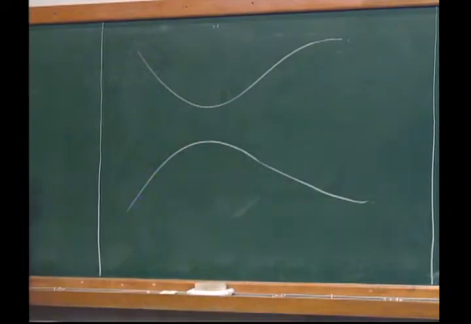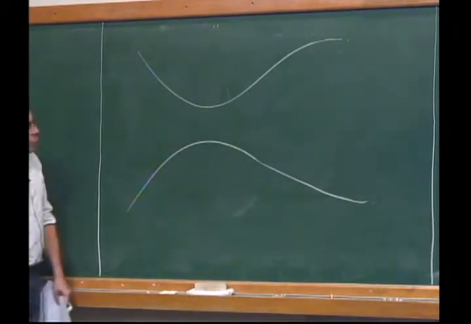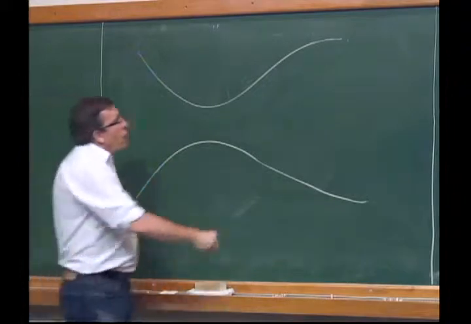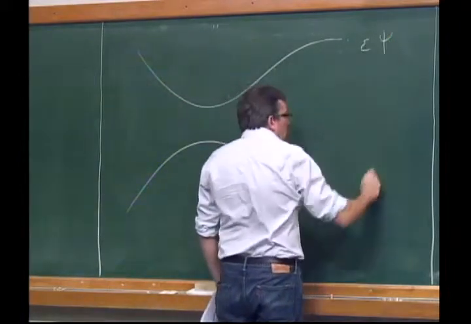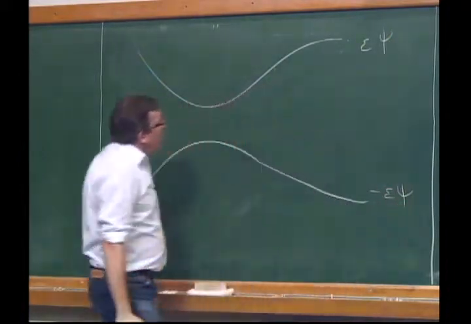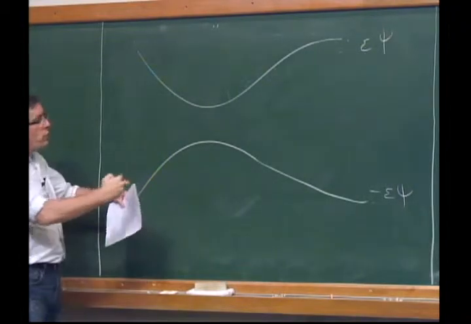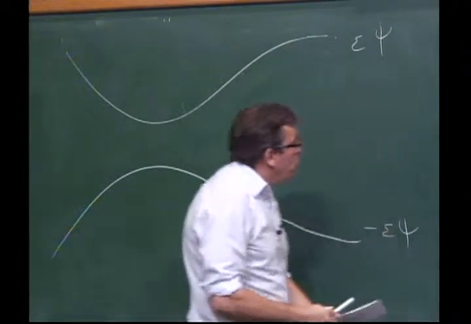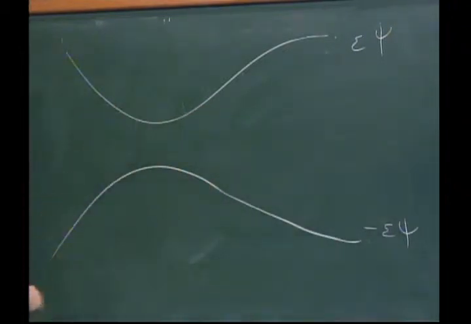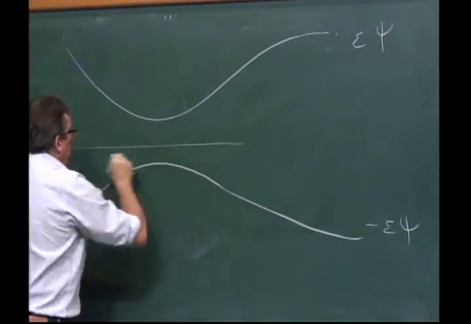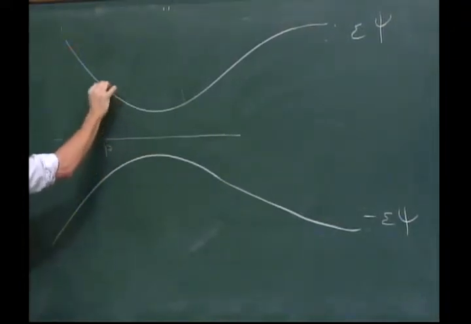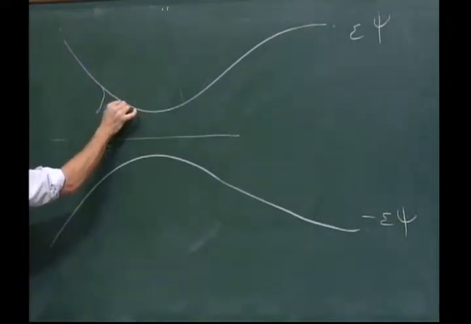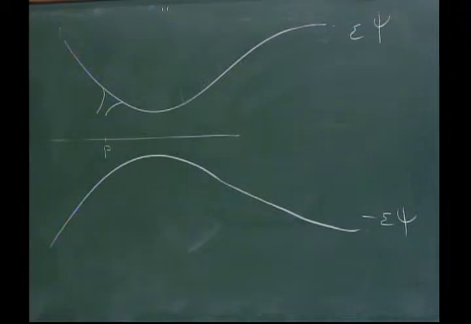very complicated explanation. So basically, this is the graph of epsilon times psi and minus epsilon times psi. And then what I do is that I perturb this by using Green's function. So if the point P were here, the idea is that this would create a surface which, remember, has a slope here.